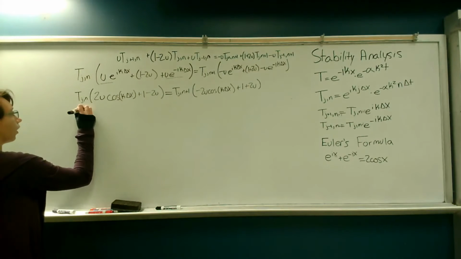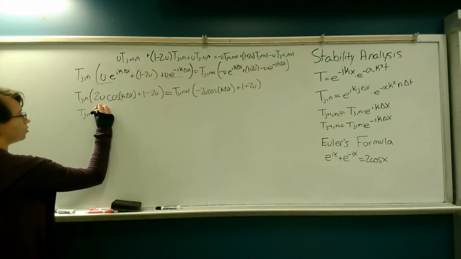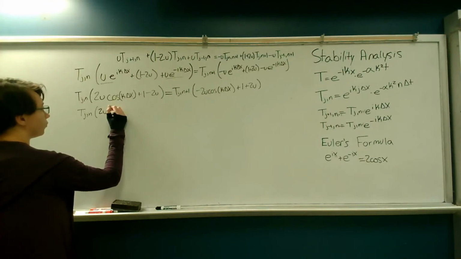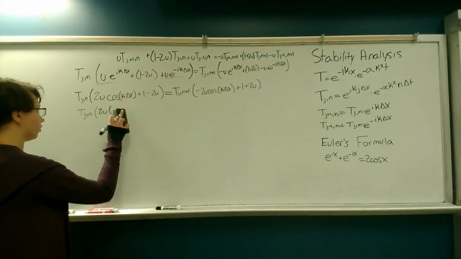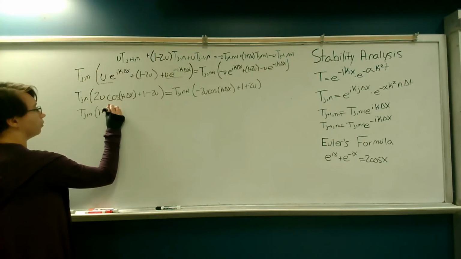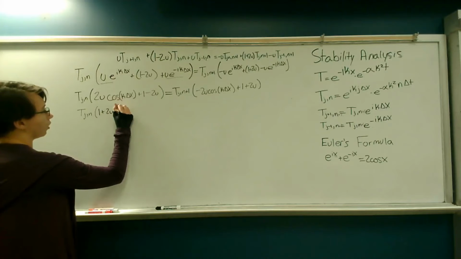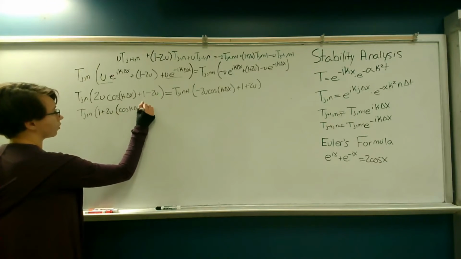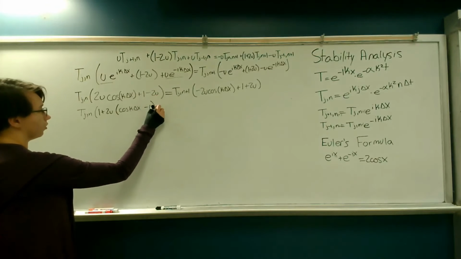So I have T at j at n times 2u times, okay, we'll put this 1 plus up front. So we'll have 1 plus 2u of cosine k delta x, and then minus 1.